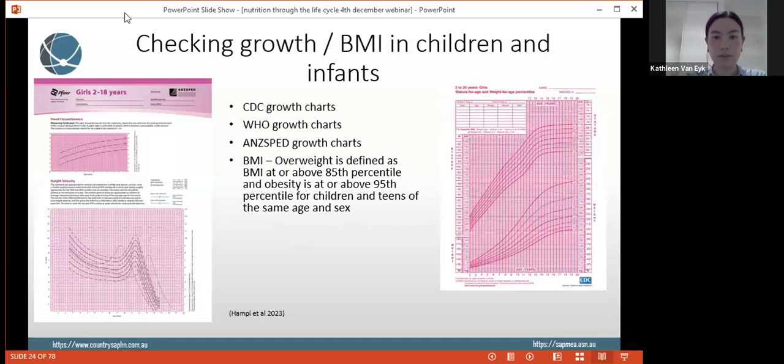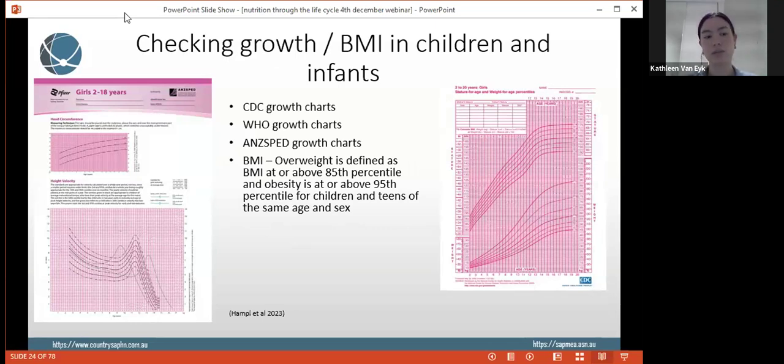With checking growth in children, it's a bit different to how we do it in adults. So we use growth charts. There are a few different charts that can be used: the CDC growth charts, the WHO and ANSPED growth charts. This is just a more systematic way to track height and weight in children.